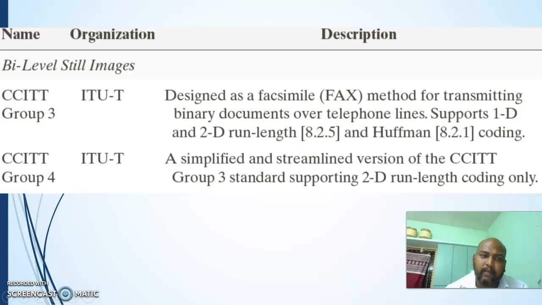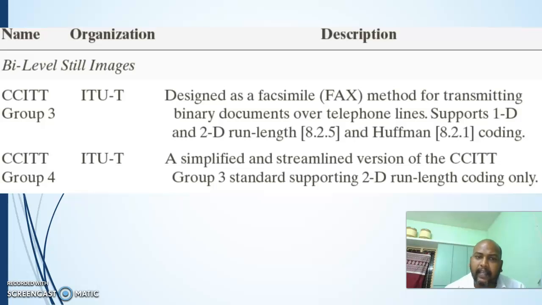Now, one by one. CCITT, which is developed by ITU Telecommunication, was introduced in the initial stage of fax communication for transmitting binary documents over telephone lines. It supports one-dimensional and two-dimensional run length coding and Huffman coding.